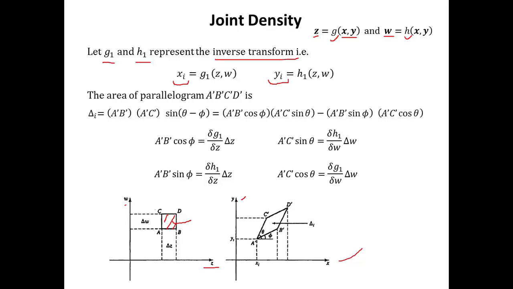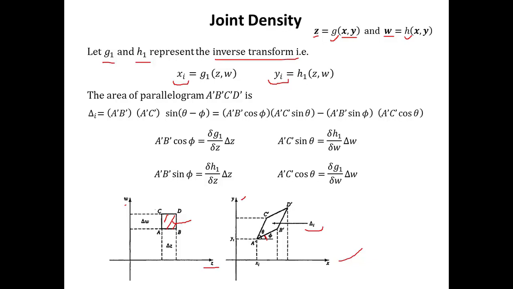Whenever this happens, let us consider that the line A dash B dash makes angle phi with respect to the x-axis, and line A dash C dash makes angle theta with respect to the x-axis. And if the area of this parallelogram is equivalent to the area delta Z delta W in ZW plane, then definitely this area will automatically equal delta I.